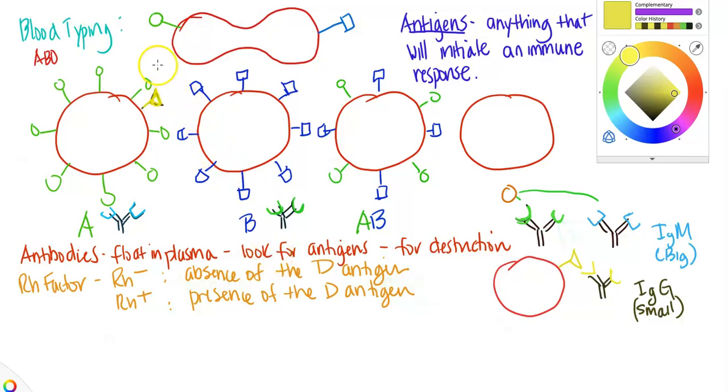So this is A positive. If that weren't there, it would be A negative. This would be B positive, and if that weren't there, it would be B negative. This is AB positive. If that were not there, it would be AB negative. And then this is O positive. And if it weren't there, it would be O negative.